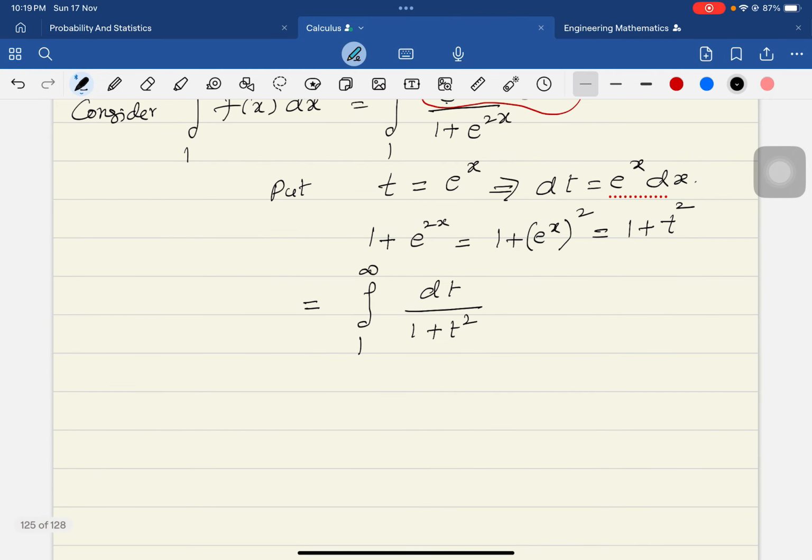Now what is the integral of 1 by 1 plus t squared? We already know that it is tan inverse of t. So tan inverse of t within the limits 1 to infinity.